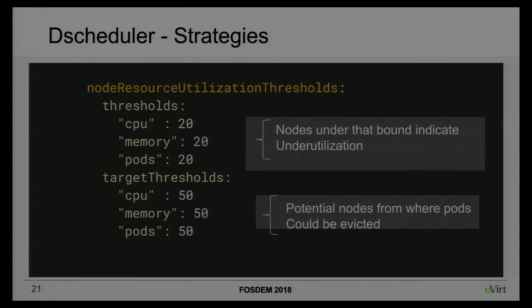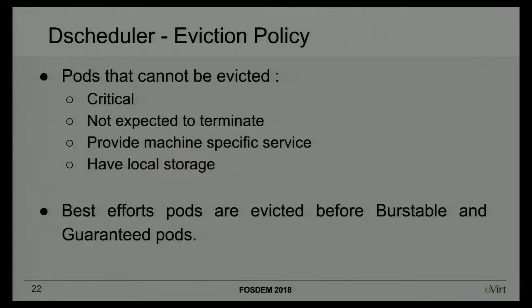We can also define target thresholds for nodes you want to evict pods from. That will be the other example. All values above 50 CPU, 50 memory, 50 pods will cause a pod to be evicted from that specific node. But you can't just start evicting pods from every node.